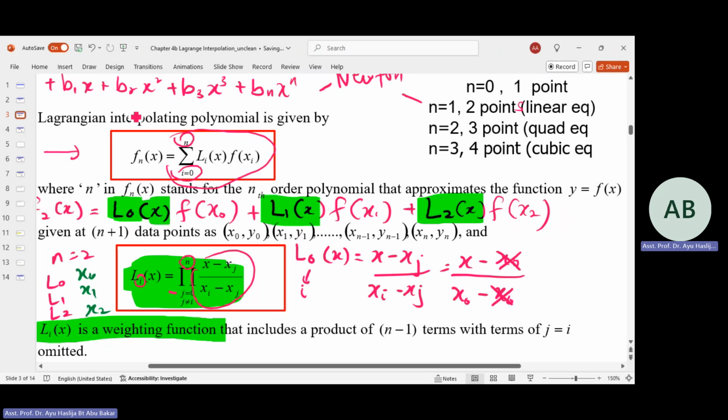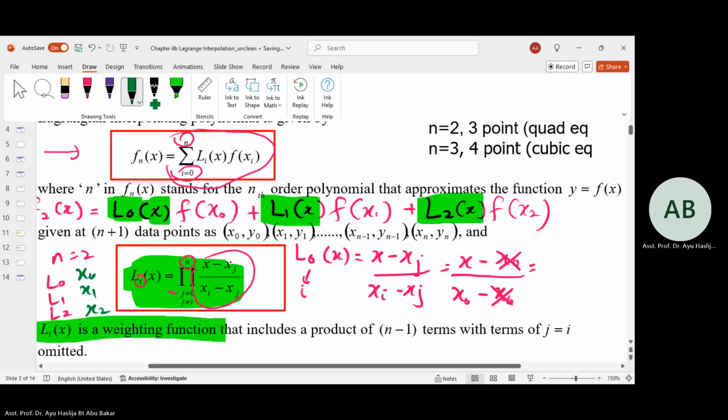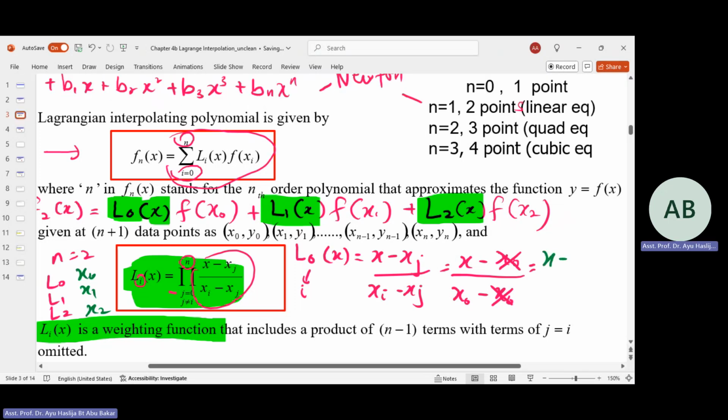So for L0, the correct one is x minus x1 over x0 minus x1. Must start from 0, that means 0, 1, 2, but j cannot be the same as i. Since here is 0, j cannot be 0, so skip, move to x1.